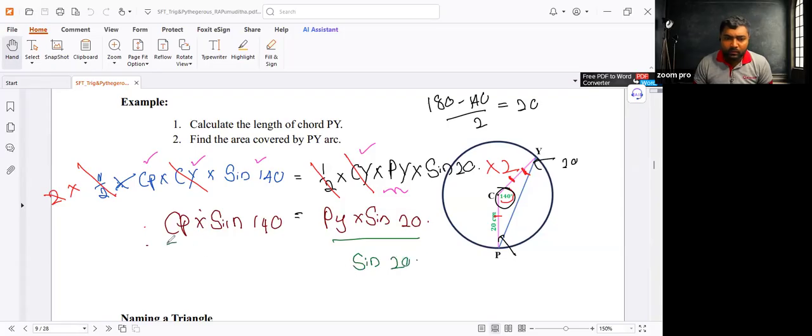If this is a balance, whatever you do to the left side, you have to do the same to the right side. Then this is also going to be divided by sine 20. These get cancelled. You will get PY equals something. Then what is the value? And you get the final value for that.